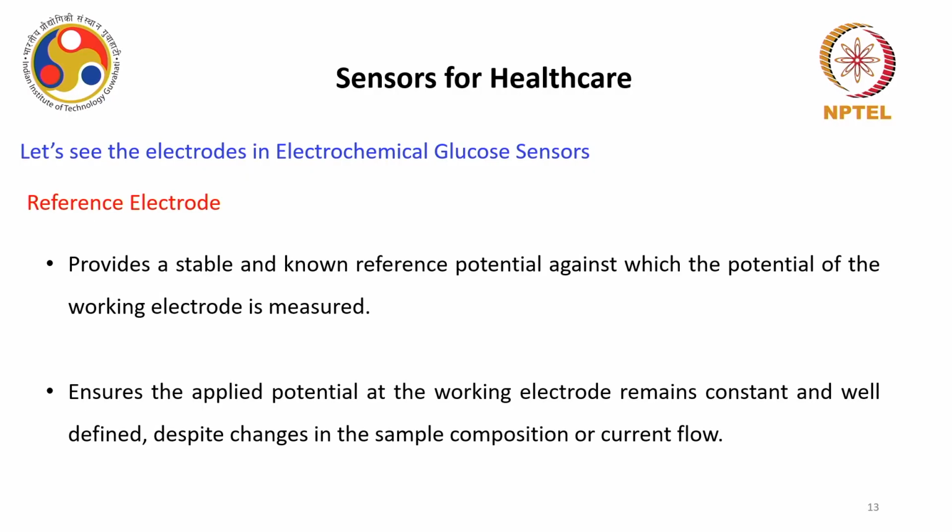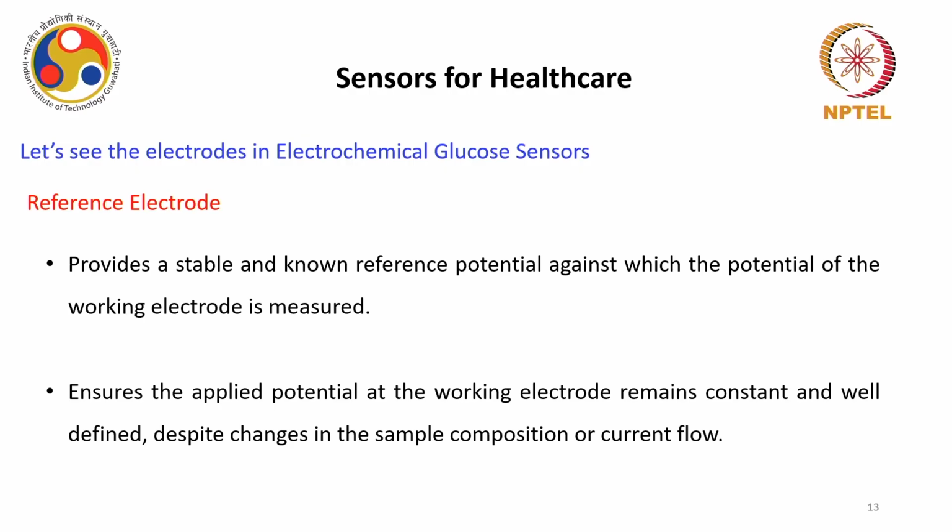Then you have another electrode, which is the reference electrode. This reference electrode provides a stable and known reference potential against which the potential of the working electrode is measured. So, it ensures the applied potential at the working electrode remains constant and well defined.